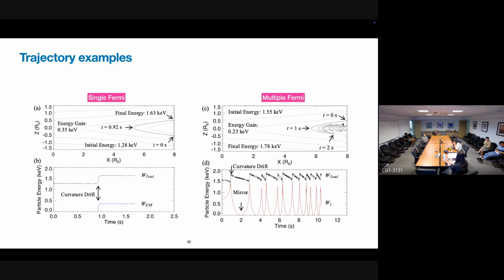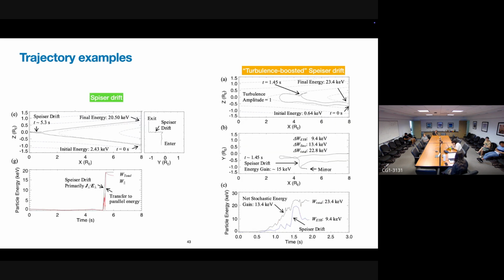But without the contracting magnetic islands, like in the case here, even with multiple reflections, particles still only receive very little energy.